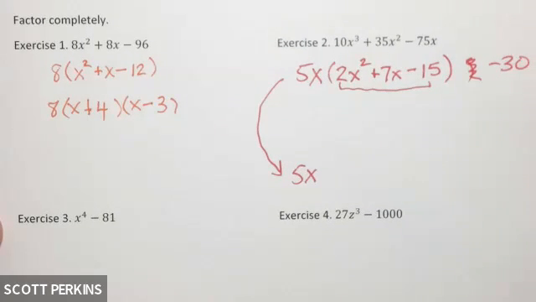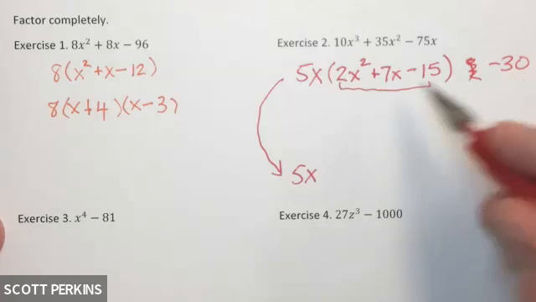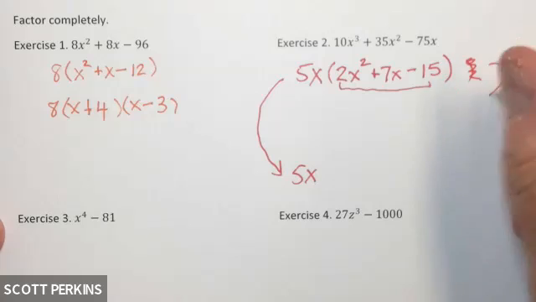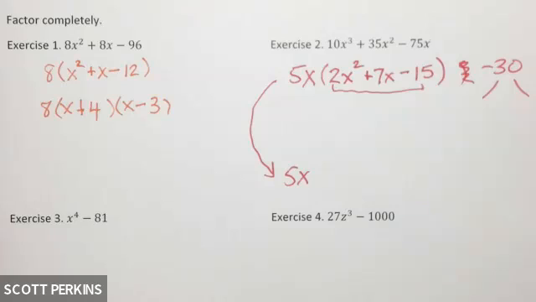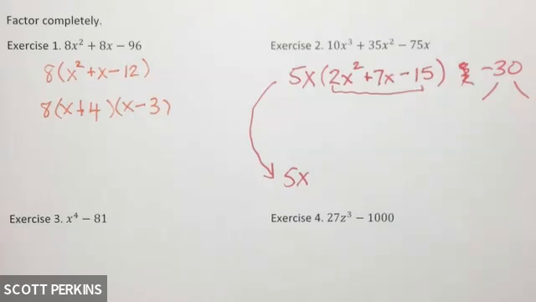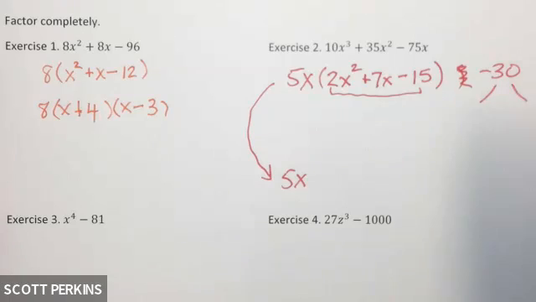And I ask myself a similar question that we just asked about the problem to the left. What are the 2 factors of negative 30 that are going to add up to 7? Well, first, what are the signs? I'm going to use a what and a what for this one? A negative and a positive. Since it's a negative 30, I'm going to use one of each.